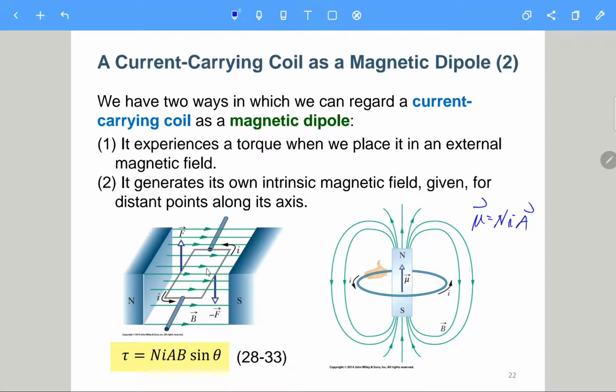So they share the same behavior in the same situation. The first case is that it generates its own intrinsic magnetic field at a distance point along its axis. The other is that it experiences torque when placed in an external magnetic field. This is from the torque or force point of view, and that one is from the magnetic field point of view. They are the same.